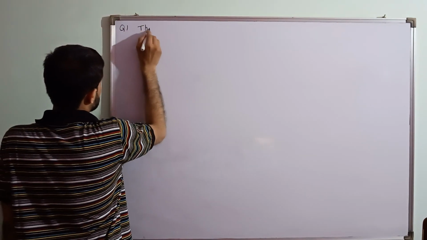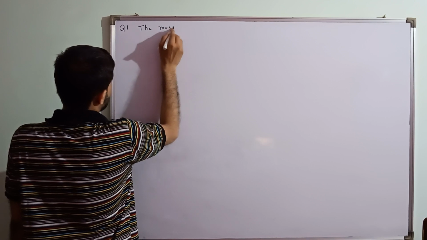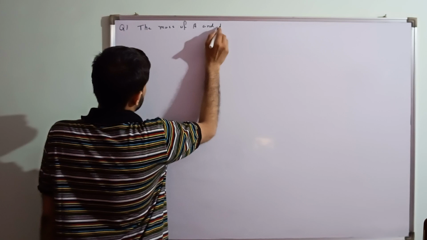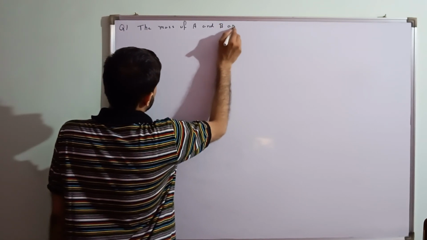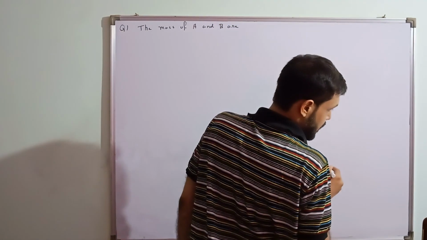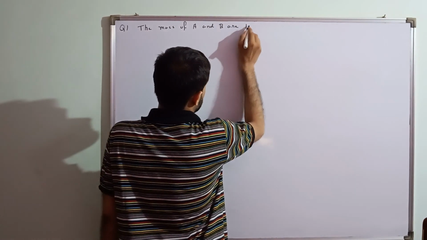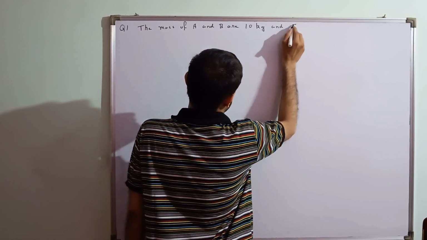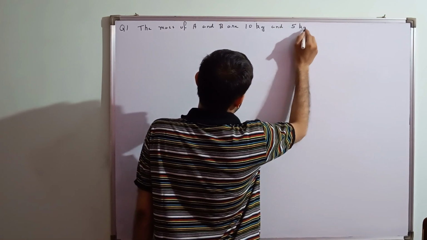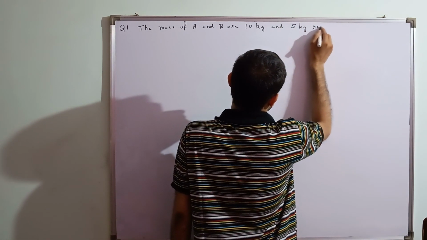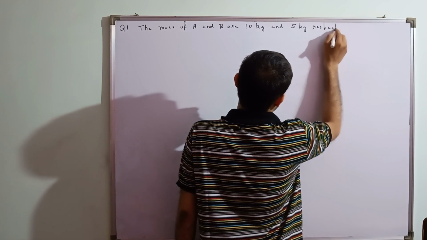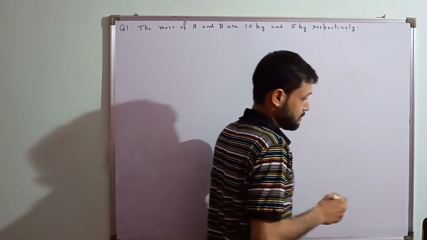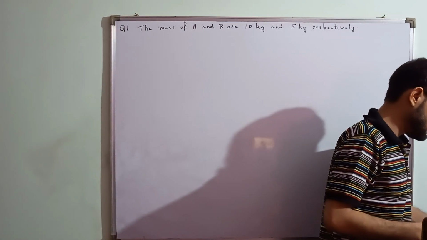The mass of A and B are 10 kg and 5 kg respectively. Calculate the minimum mass of C.